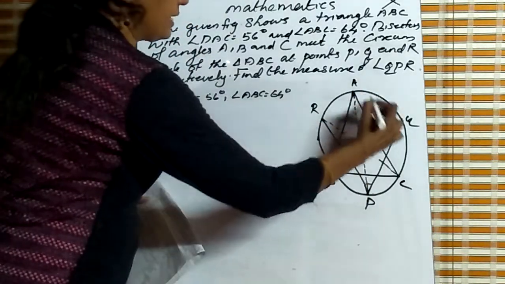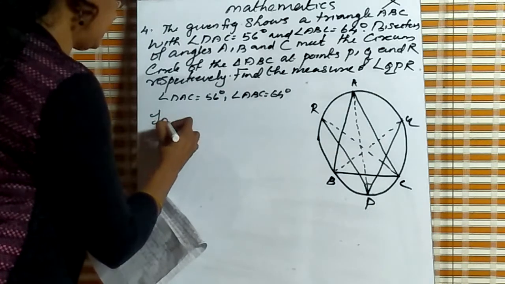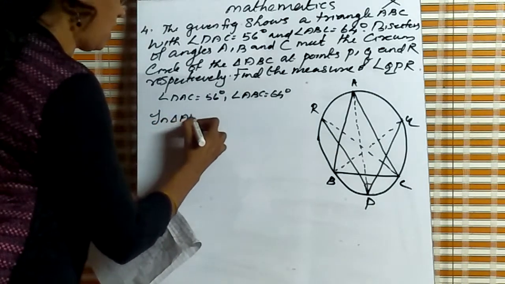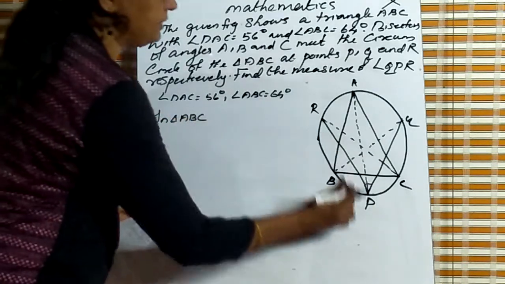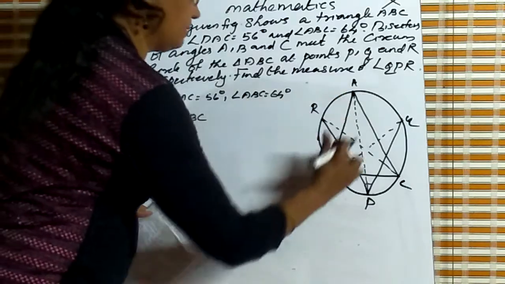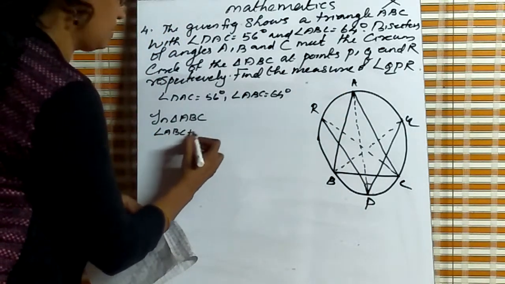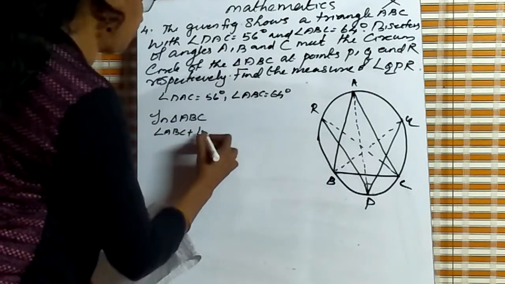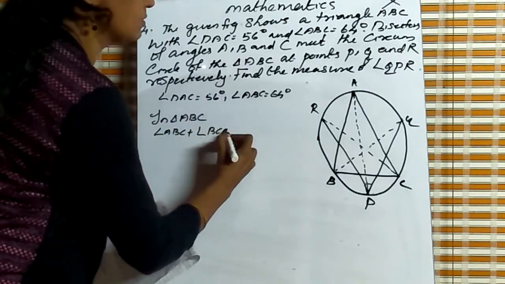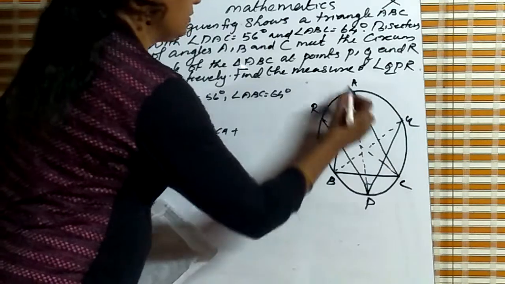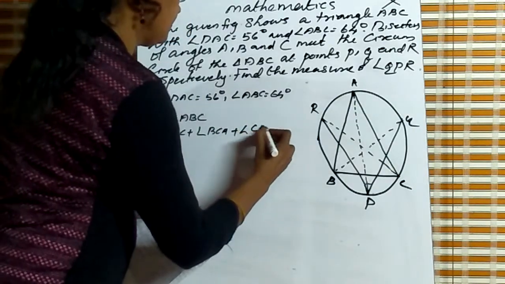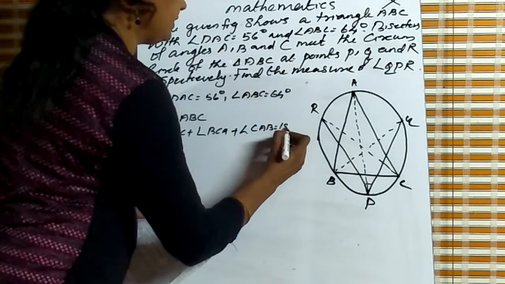First we take the triangle ABC. In triangle ABC, two angles are given. We have to find the third angle. In triangle ABC, angle ABC plus angle BCA plus angle CAB is equal to 180.